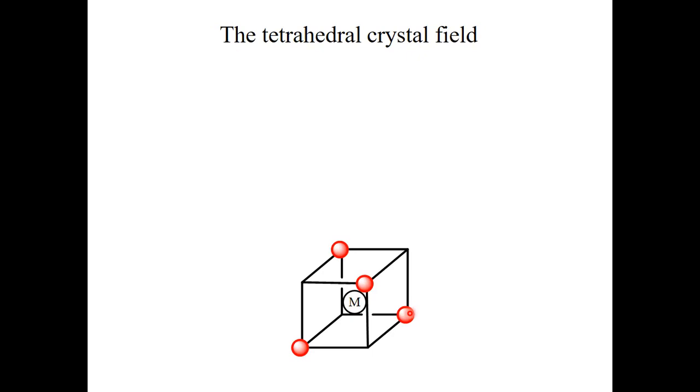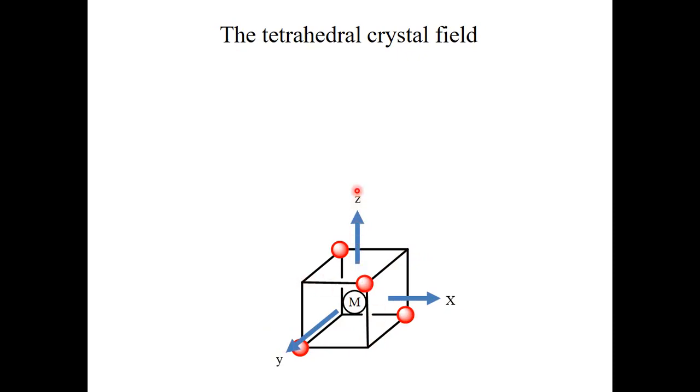It would make sense to define the coordinate system so that the axes stand perpendicular to the faces of the cube. We could define the x-axis pointing to the left here, standing perpendicular to this face. The y-axis pointing to the front, standing perpendicular to this face here.